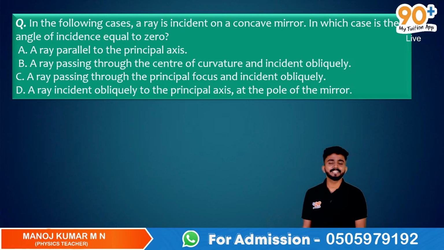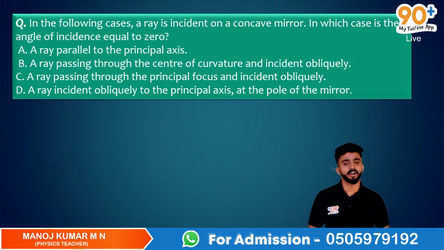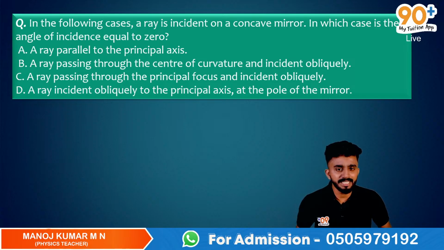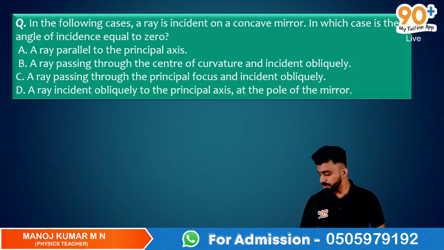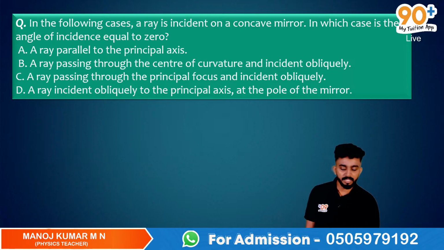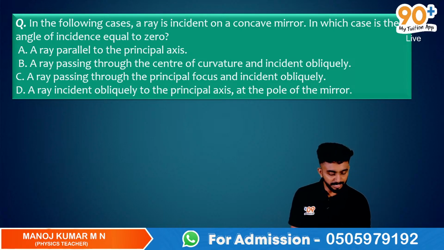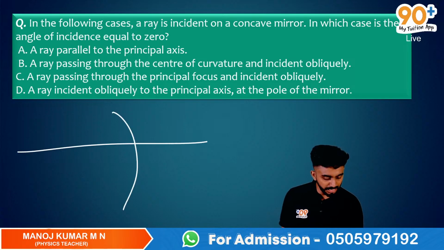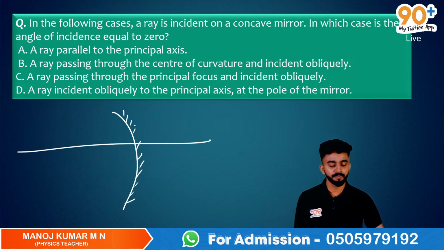So in the following cases, a ray is incident on a concave mirror. In which case is the angle of incidence equal to 0? What do you think, guys? So first option. First we'll consider a concave mirror. Over here we have a concave mirror right now.